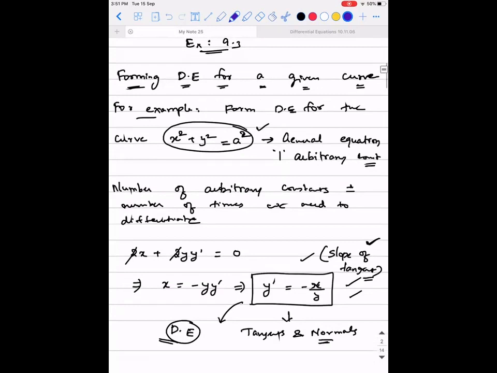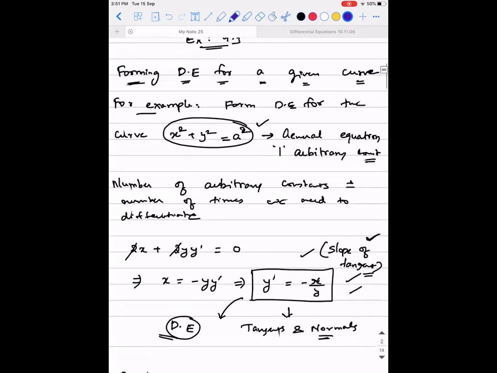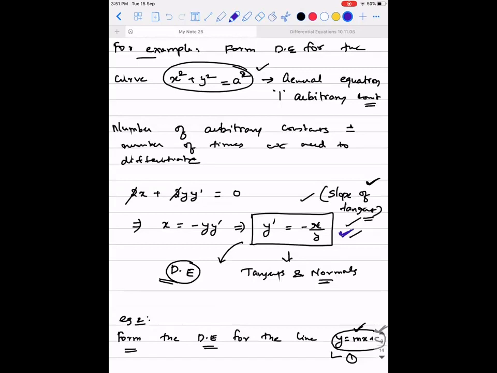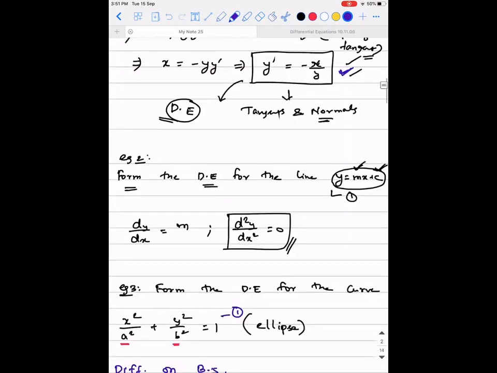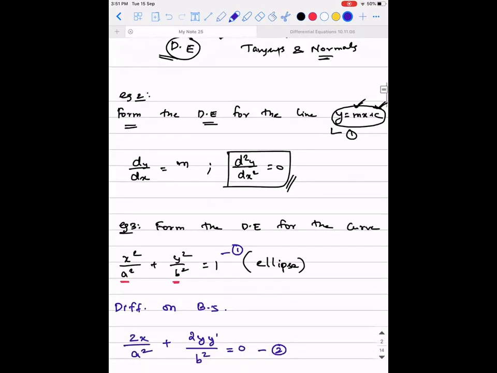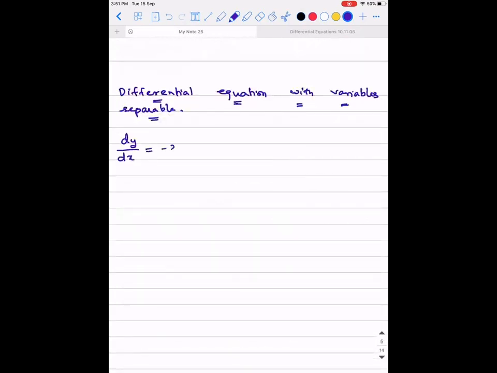If you look at this equation, dy by dx is minus x by y. Let's say dy by dx is equal to minus x by y is the differential equation they have given. Now what is our work? We need to find the function from which this differential equation is actually coming.